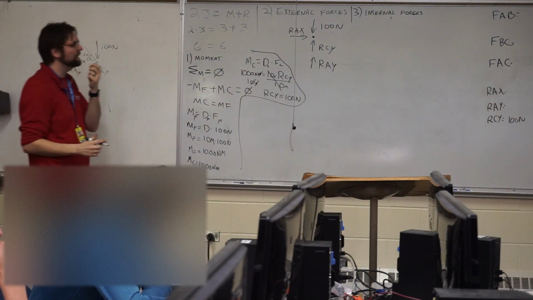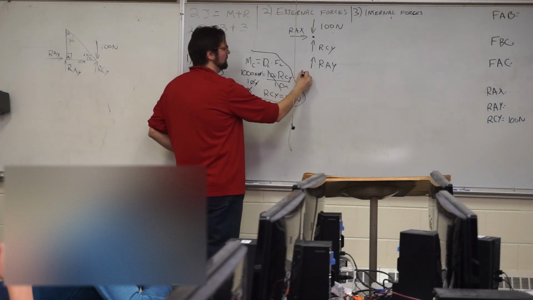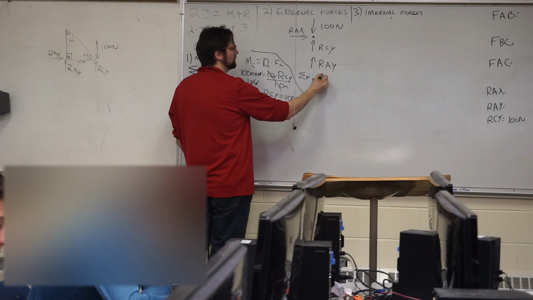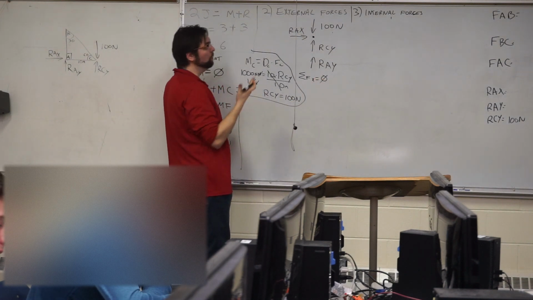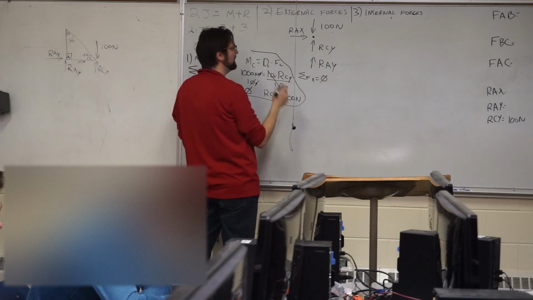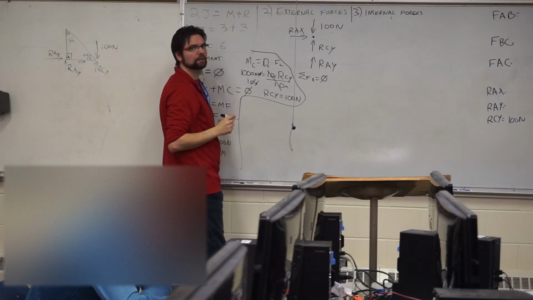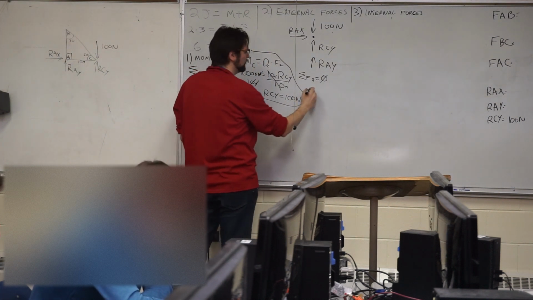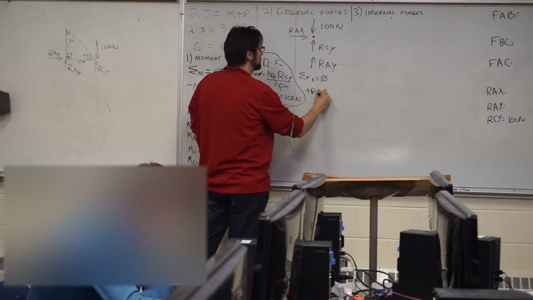Here, we're going to bring back sum of forces. Sum of forces in the x direction must equal 0. So what is acting in the x direction? You're going to love this. RAX, okay, is it positive or negative? We said it was positive. We said it's guessing right now, so we just keep it positive. RAX, okay?